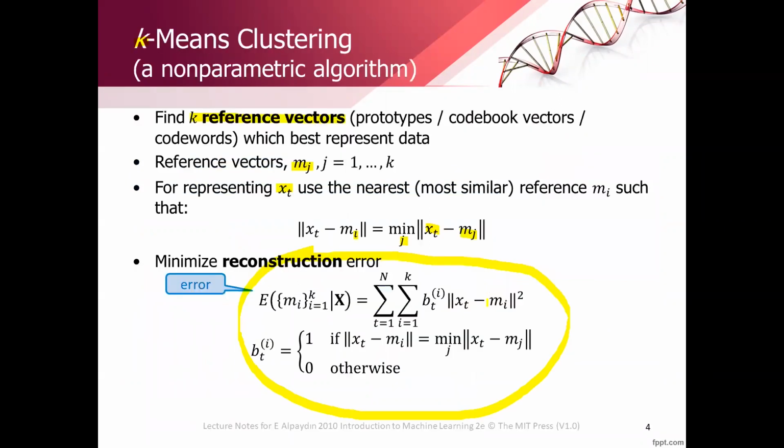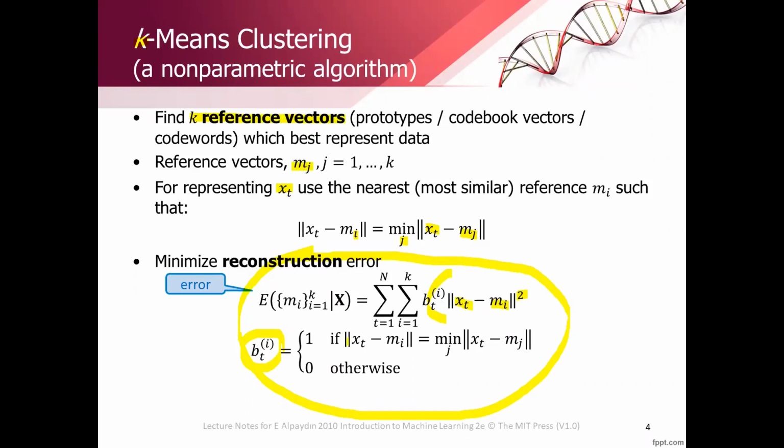Now we can explain the formula here. For vector xt, we subtract mi, the i-th reference vector, compute the square of the norm of this difference, and multiply it by b sub t superscript i. b sub t superscript i is 1 if mi is the representative of the observation t.